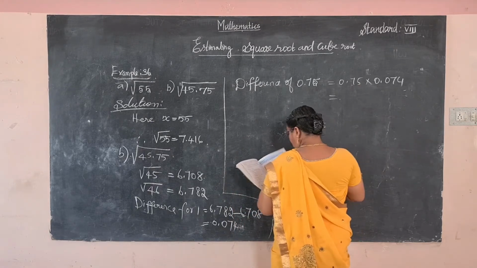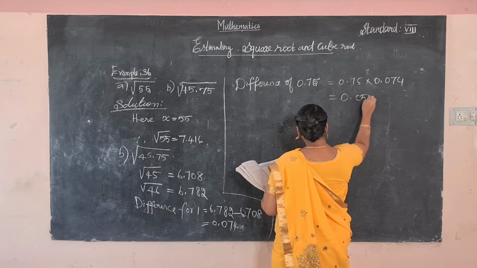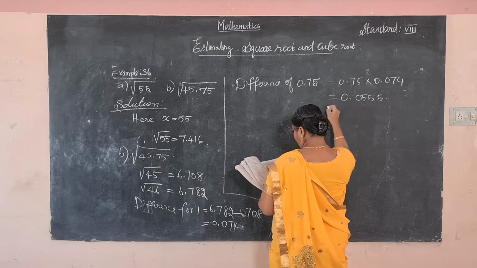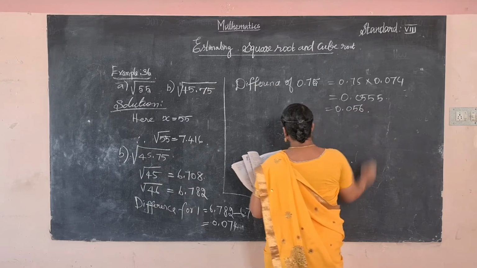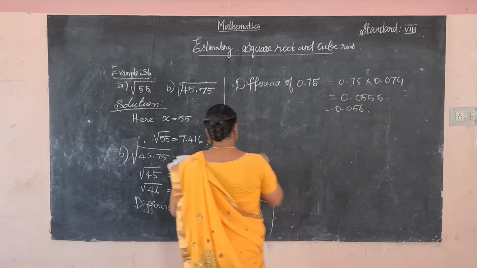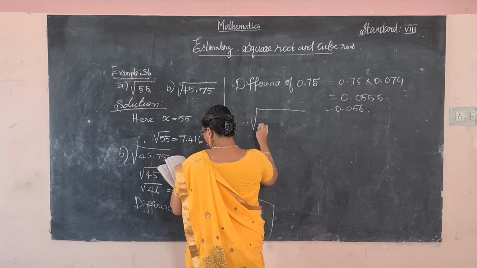So multiply these two values. What do we get? 0.0555, which we consider as 0.056.